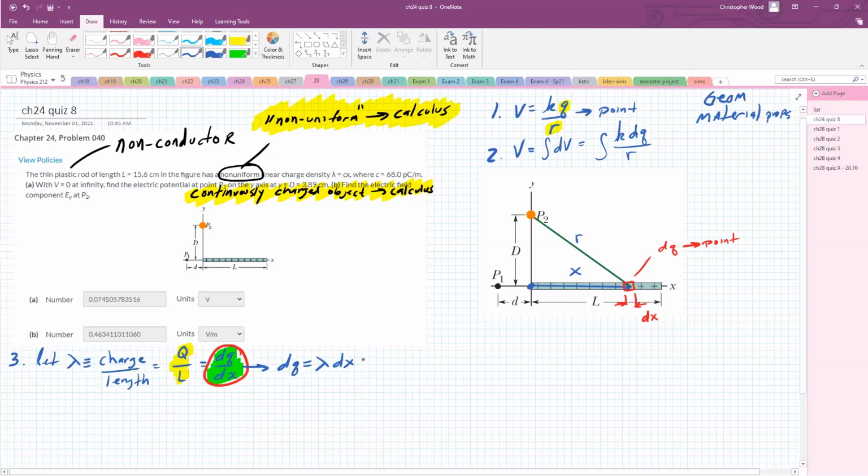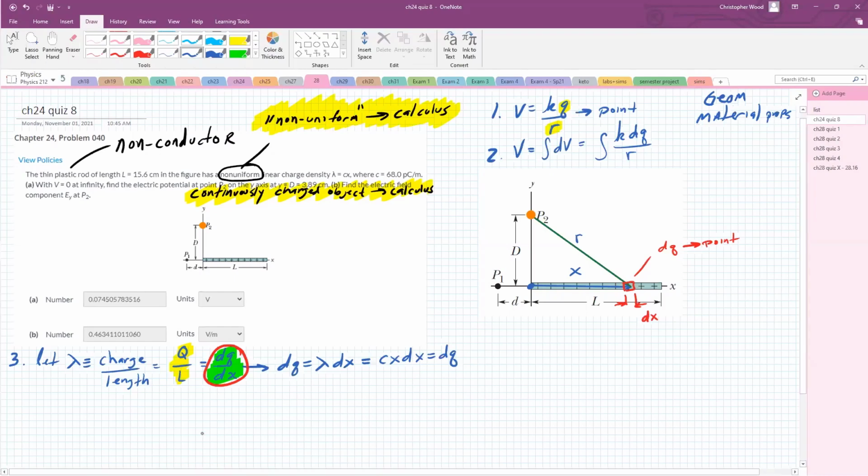Because lambda equals cx, dq is c times x dx. So it's not just a constant, it varies. My charge density is a function of where the dq is along this rod.